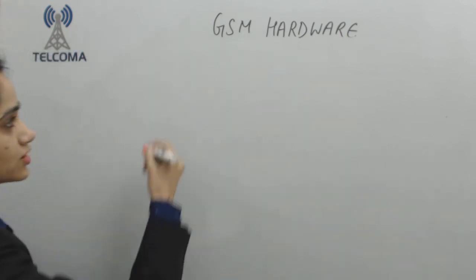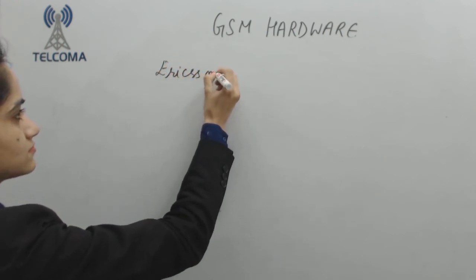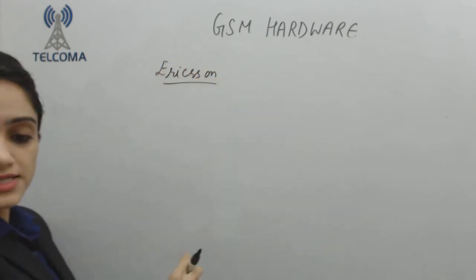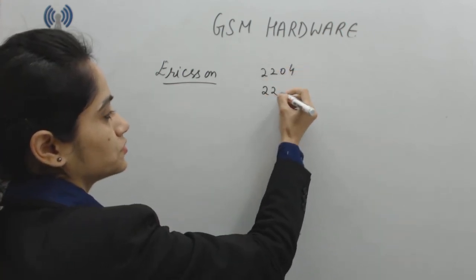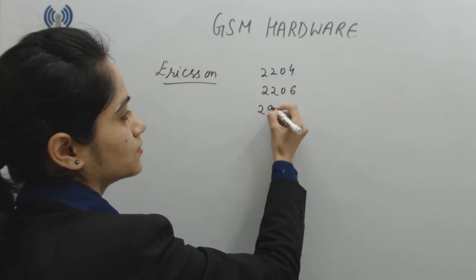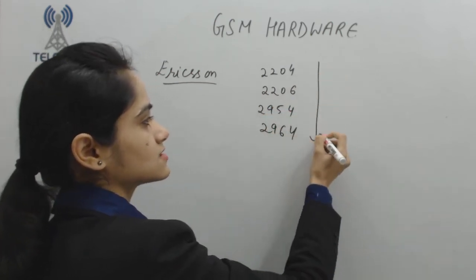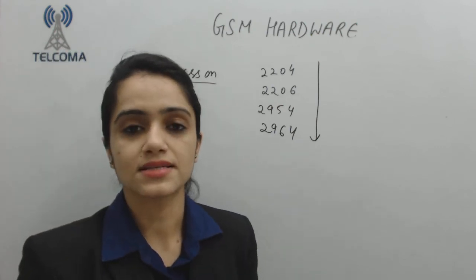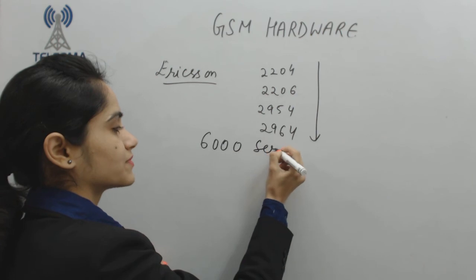Now, what are the types of BTS? Take the Ericsson BTS. Ericsson BTS has a number of series: 2204, 2206, 2954, 2964, which are the advanced series of Ericsson BTS, and the recent 6000 series.